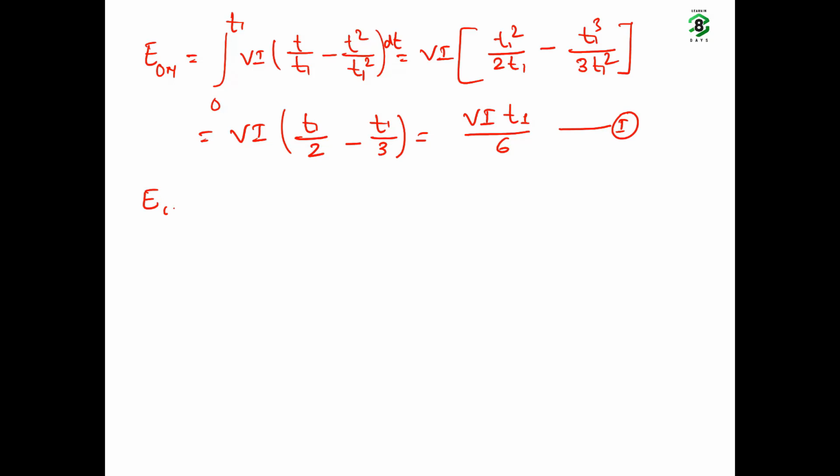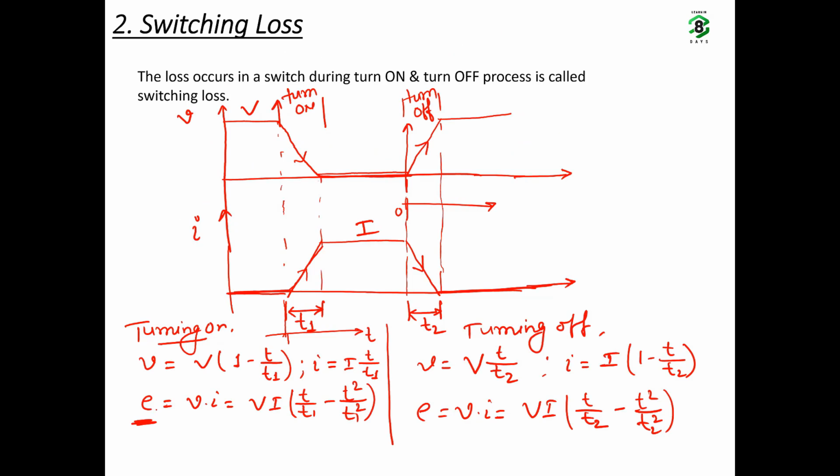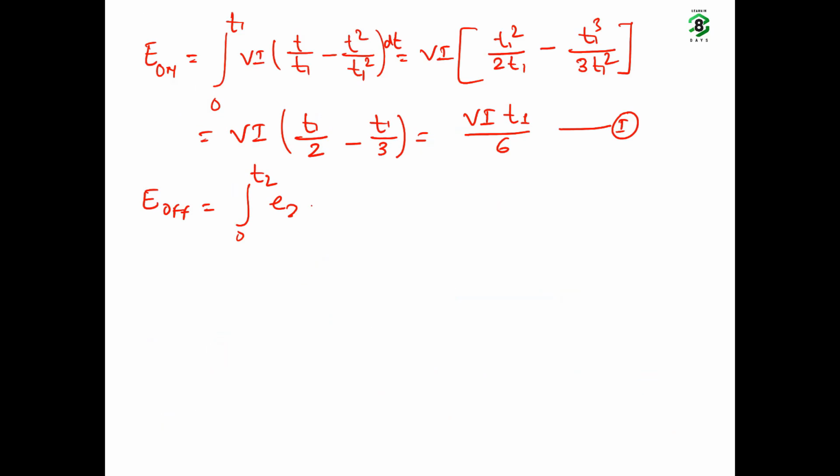Similarly, we will calculate the energy in turning off. Same expression; consider this one as E1 and this as E2. So E2 dt from 0 to T2, Vi times T by T2 minus T square by T2 square dt.